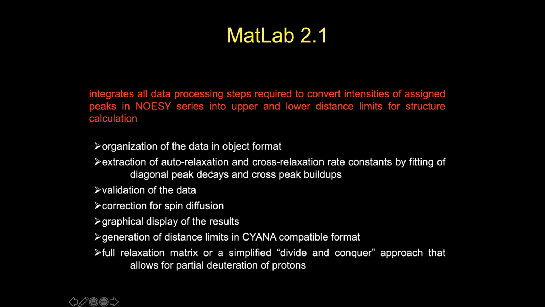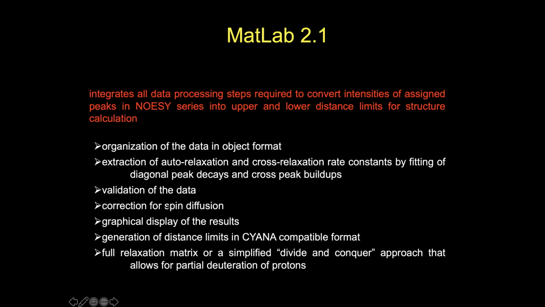Then it validates the data. We have some measures that you can use, or what I really recommend, you just look at each plot. You can plot them out. They're all in a folder, and just judge if these buildups or decays look good or not. Then we correct for the spin diffusion.